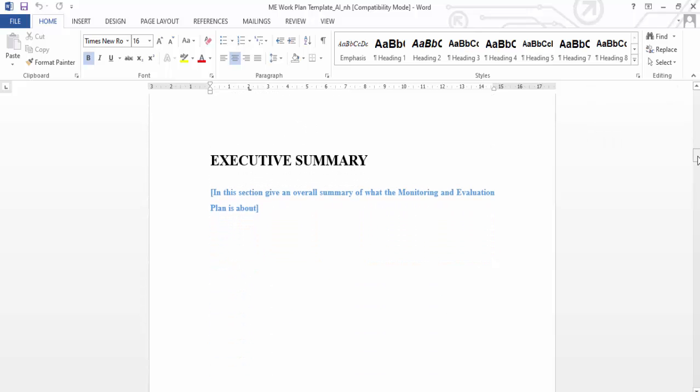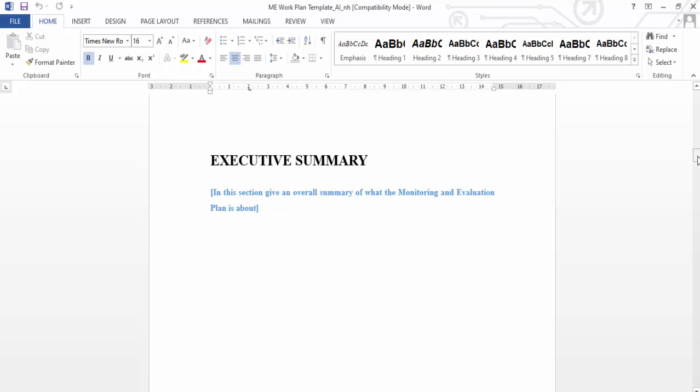So the executive summary, usually you write it after you've written the whole document. The reason is that if you write it first, you might miss points which could have been in the main text. So what I usually recommend is that first of all, write the body, then come up with the executive summary after you've done everything.